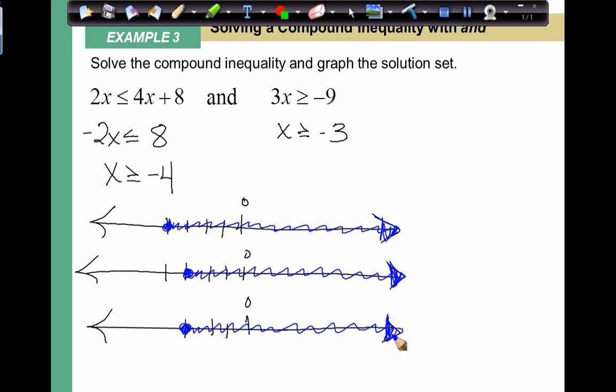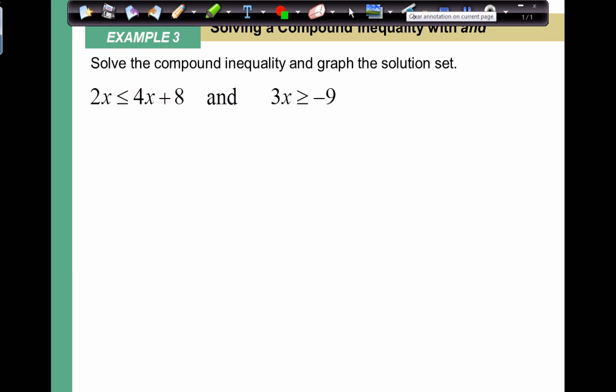Okay, this will be the answer. It looks exactly like this one. And if we're going to write it in interval notation, this would be from negative 3 on to positive infinity. And if we're going to write it in inequality notation, it would just be this right here. Negative 3 is less than or equal to x. Great.